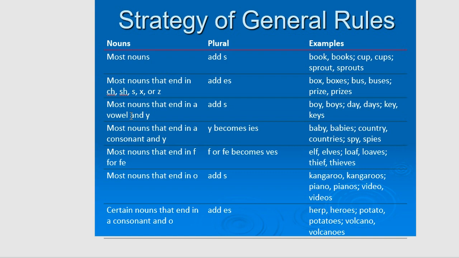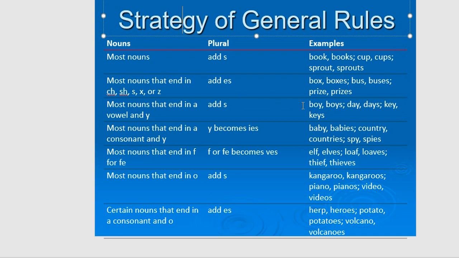The third one is most nouns that end in y. We change it based on the plurality. But if before the y we have a vowel like a, o, e, we keep the y and add s.